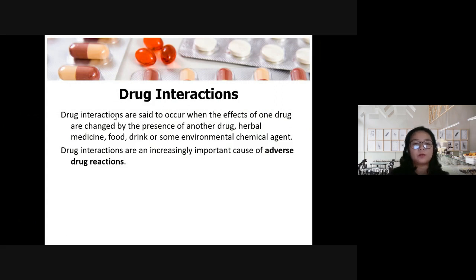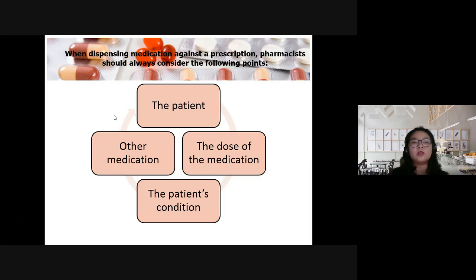Okay. So next, when we dispense medication against a prescription, a pharmacist should always consider the following points. Okay, so the patient's age, like for example, geriatric patient or neonate. Remember, class, the liver and the kidney of a geriatric patient is not the same as the young adult or adult.